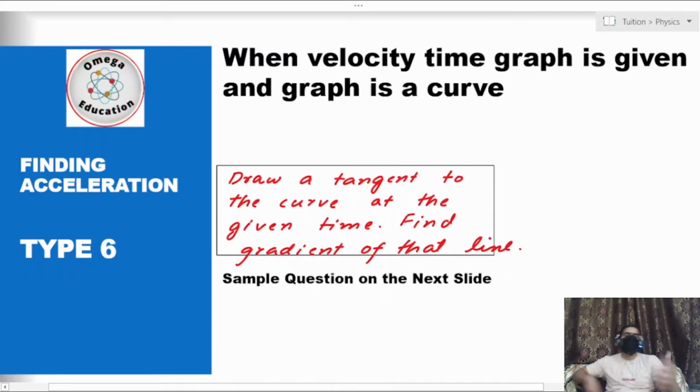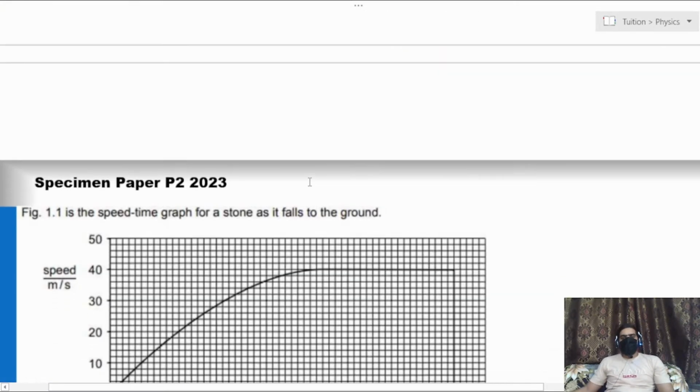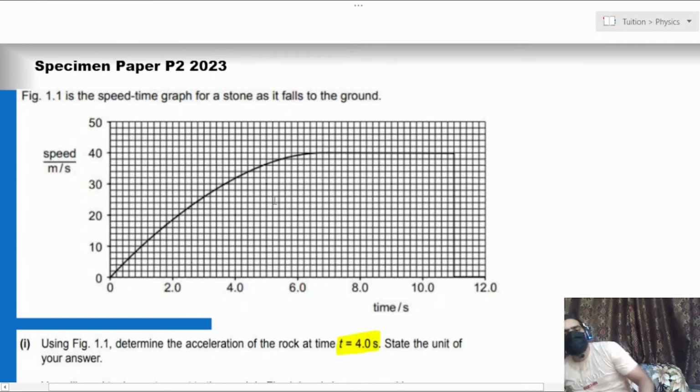From there it's just the same step. So the only tricky part is to draw the tangent at that given time.